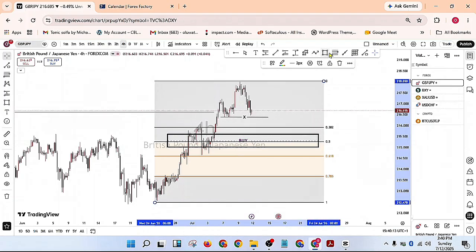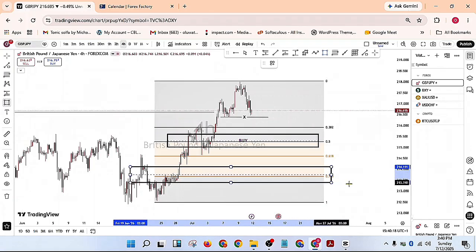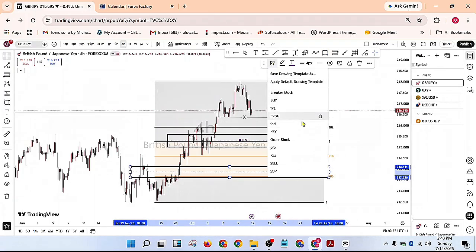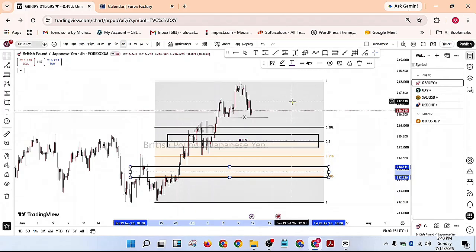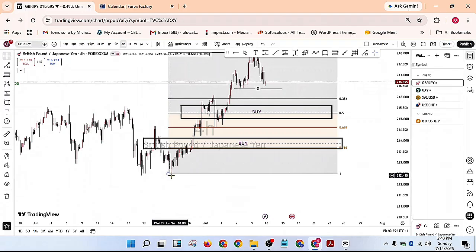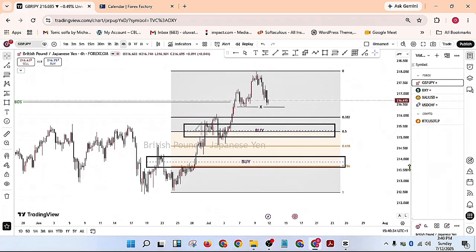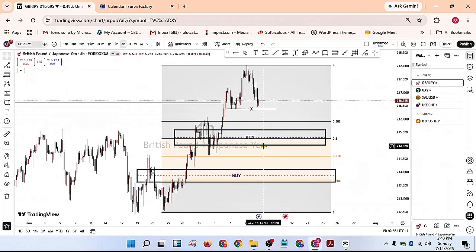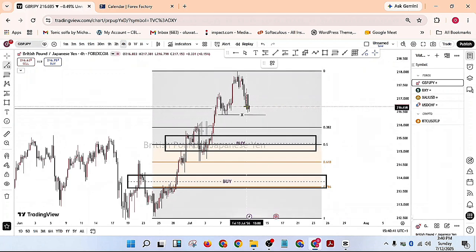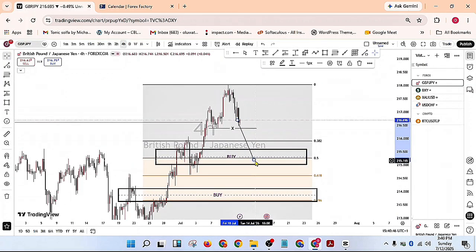Normally, where someone can buy, at least you will have peace of mind that price, once it gets to that place, is going to fire up and will not even get to your stop loss, because this is a strong low now, because this low took out liquidity before. But if you want to buy, our first buy will be around here. That means if price comes here, we can take a buy.